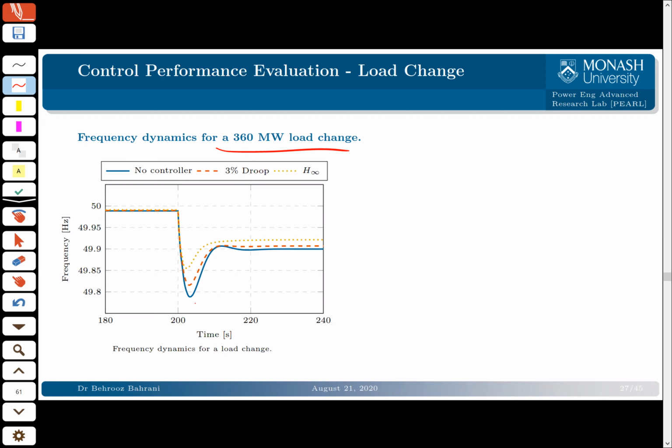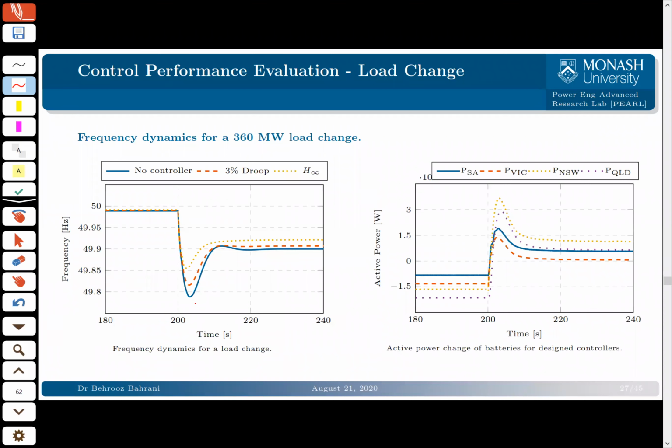And you might wonder, okay, what if you increase your droop coefficient? You might get a better response. Well, yes, but in this case, 3% was the maximum that we could get before the system becomes oscillatory and would impose some SSOs in your system. So in order to get similar responses without any excessive oscillation, 3% was the maximum we could get, but the H Infinity could get us a better result.